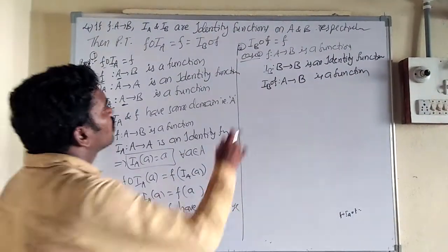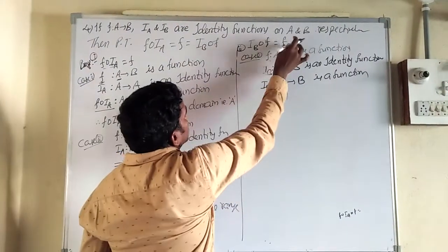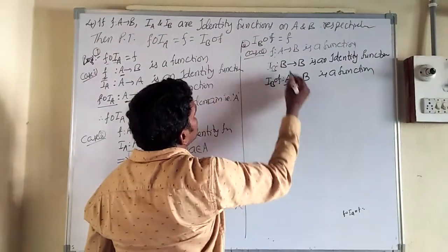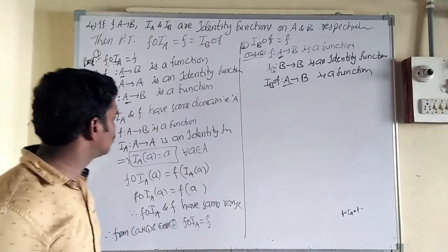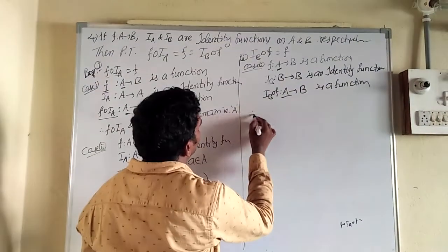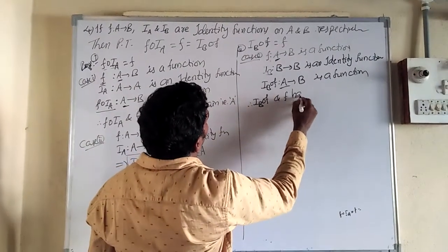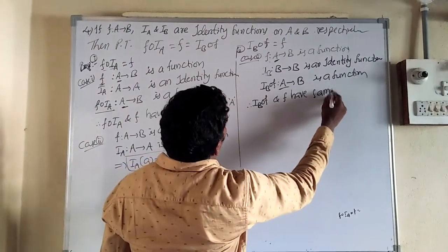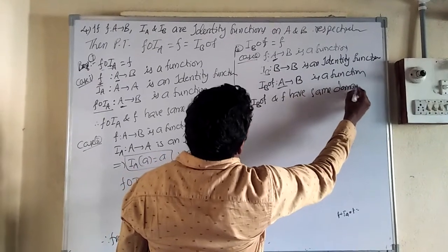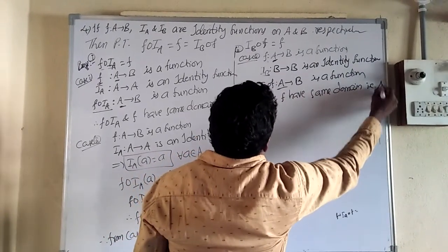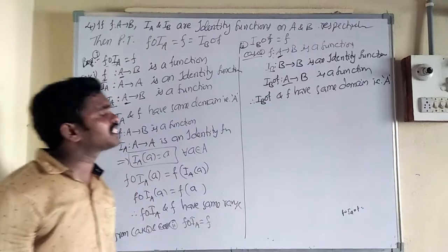Complete. We got IB circle F and F, both having the same domain, that is A. Therefore, IB circle F and F have the same domain, capital A. So domains are equal.